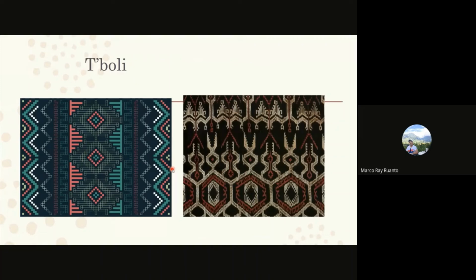So we have the Tibuli. These are the common geometric designs that they have. Tibuli is found in South Cotabato. There is a ritual that the Tibuli perform.